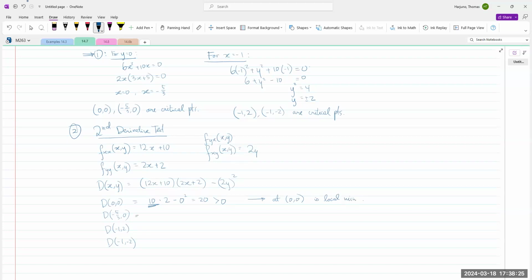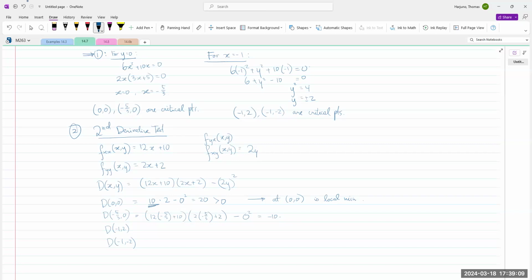Okay, now let's plug in when x equals negative 5/3. When x equals negative 5/3, what will that be? 12 times negative 5/3 plus 10, times 2 times negative 5/3 plus 2, minus the y, which is 0, squared. That is negative 10 times, what is that?